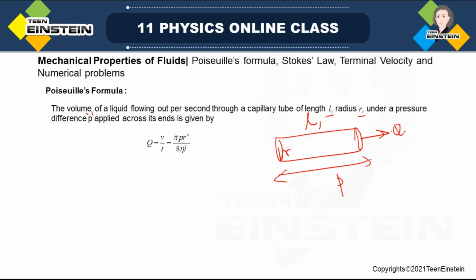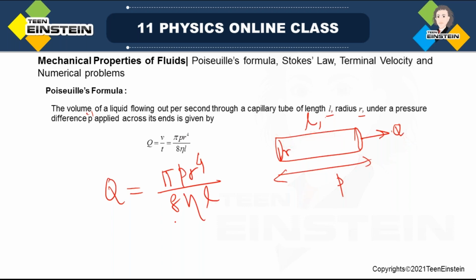Okay, so suppose Q is the volume flowing out per second through this capillary tube which has length L and radius r, and that can be given by Q is equal to pi P r to the power 4 by 8 eta L, where P is the pressure and r is the radius.